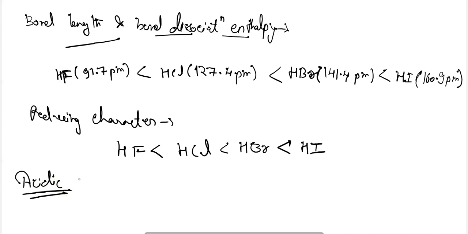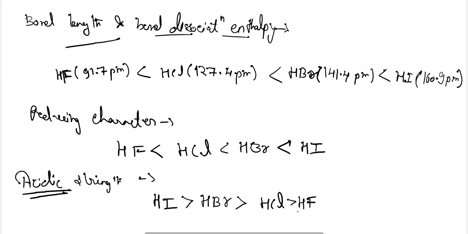The acidic strength also decreases in the same order, so HI has the highest acidic character in comparison to HBr, HCl and HF. It means that HF is the weakest acid in the group, while HI is the strongest acid in the group.